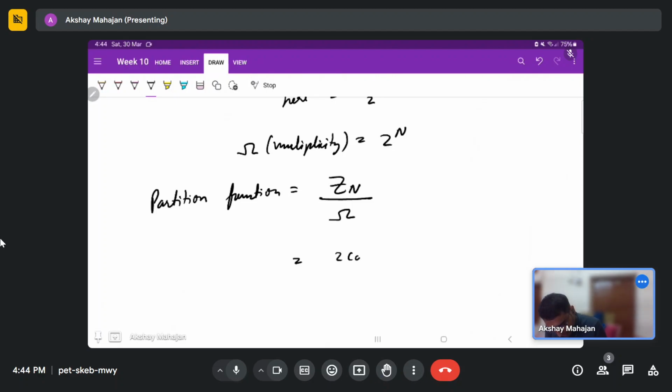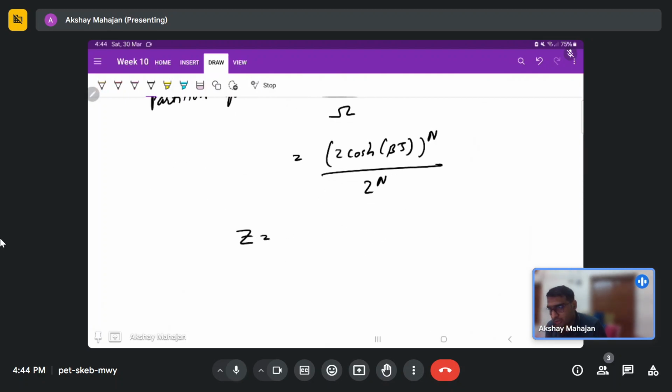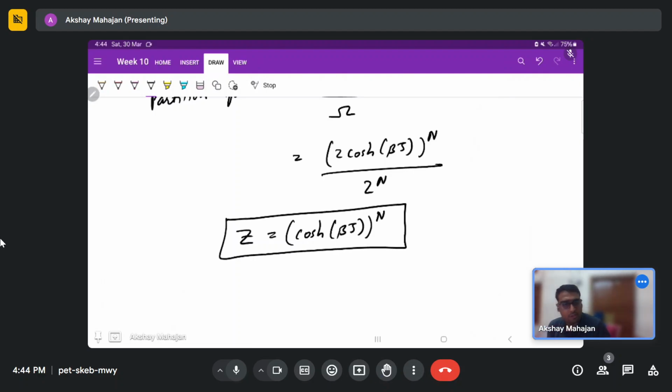So we will have 2 cos hyperbolic beta J whole to the power n divided by the multiplicity, which is 2 to the power n. So our partition function Z will be equal to cos hyperbolic beta J to the power n. Okay, so that's the answer.